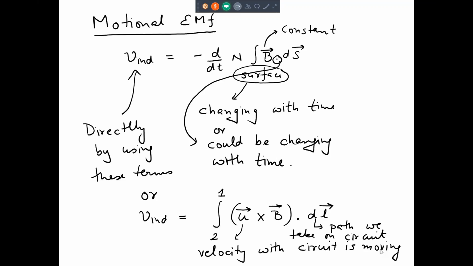All right, so what I had been saying was that the Gaussian EMF can be calculated by two methods.